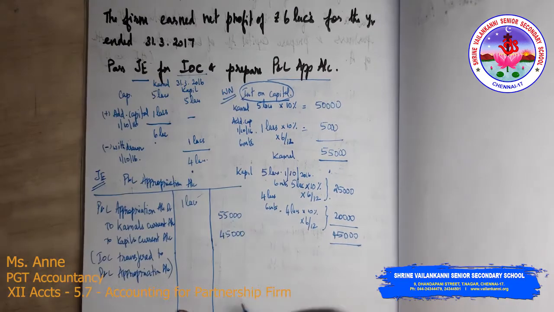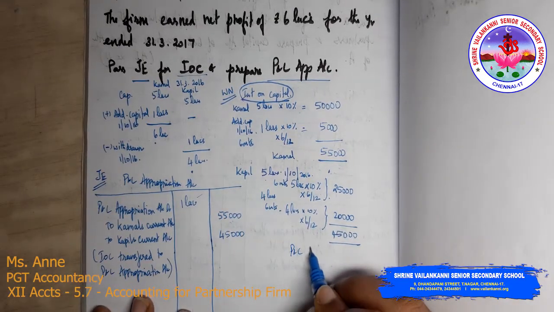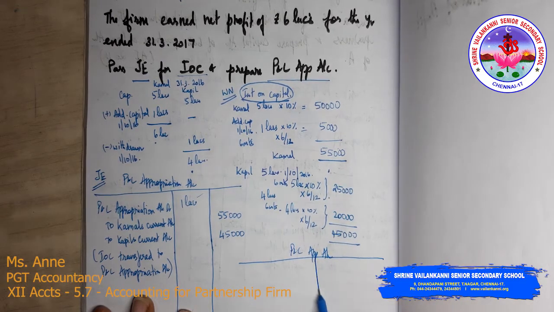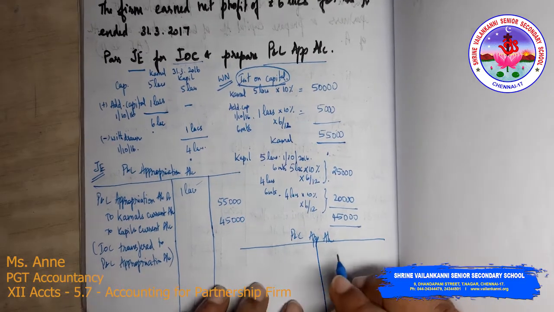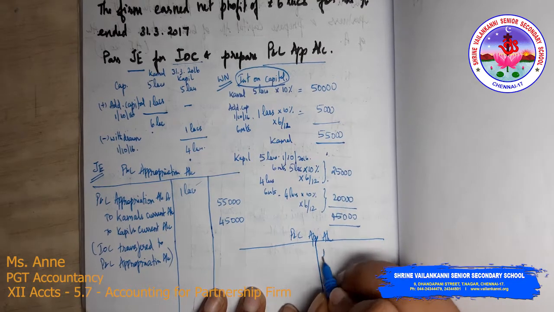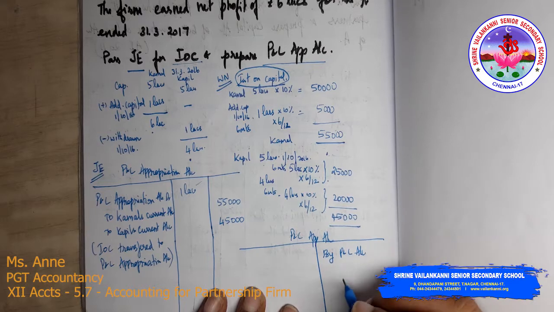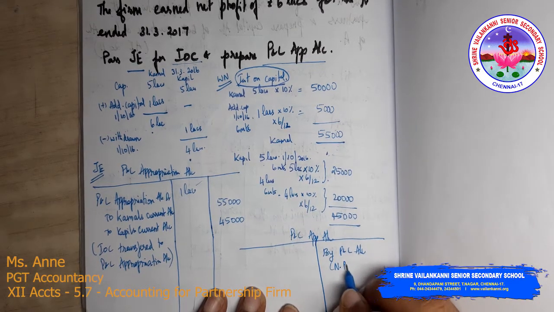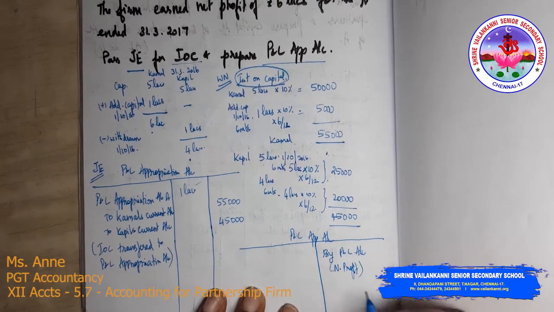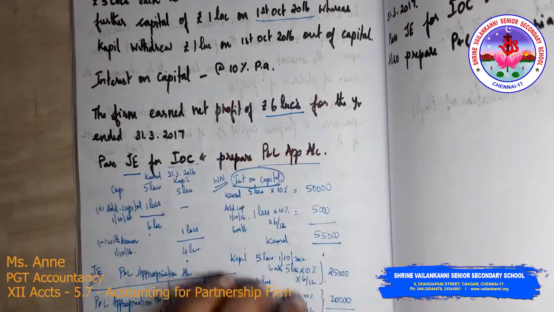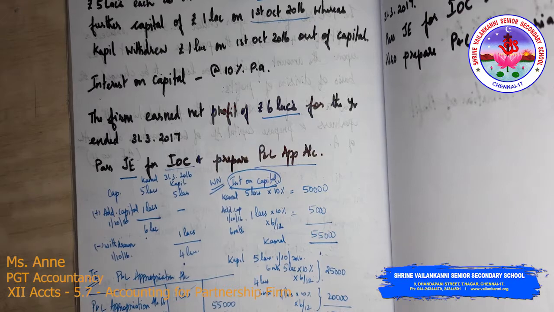When we are preparing the P&L appropriation account, we have to make sure that on the credit side, by P&L account, that is your net profit. How much is your net profit? It's given in the question. Net profit is 6 lakhs, so I'm just taking 6 lakhs here.